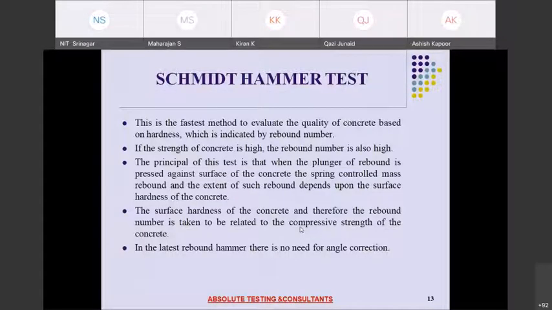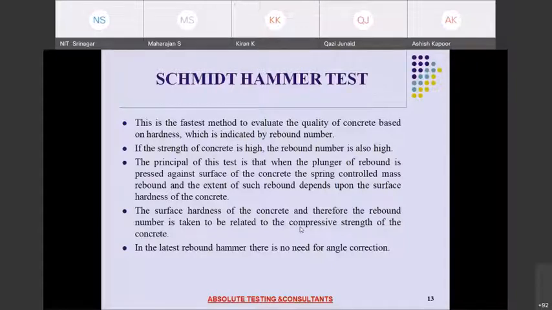So what is this Schmidt hammer test, or we can call it rebound hammer test? This is the fastest method to evaluate the quality of concrete based on the hardness, which is indicated by the rebound number. So what is the basic principle of rebound hammer? It works on the principle of hardness of concrete.